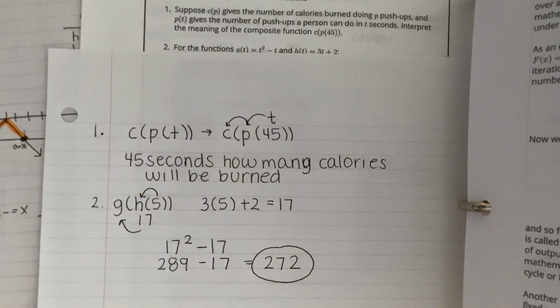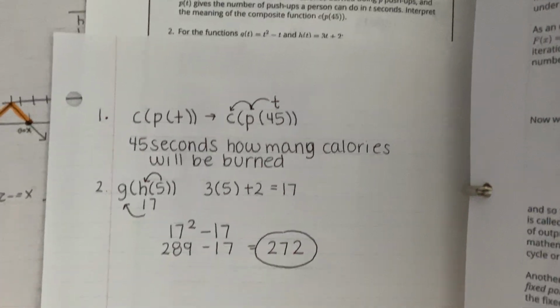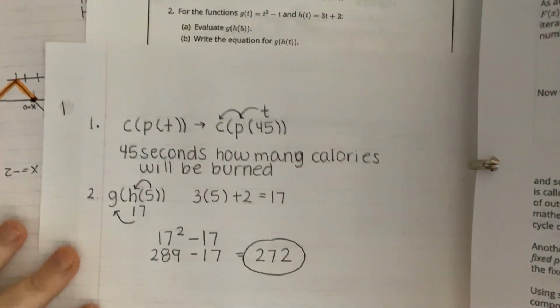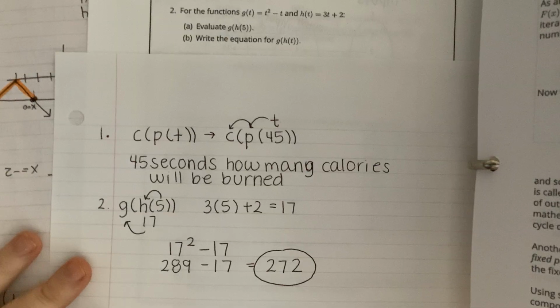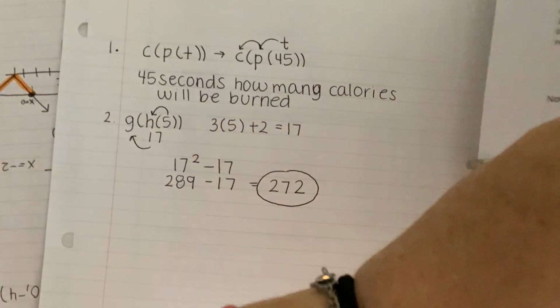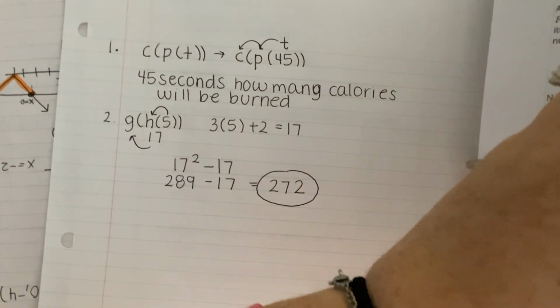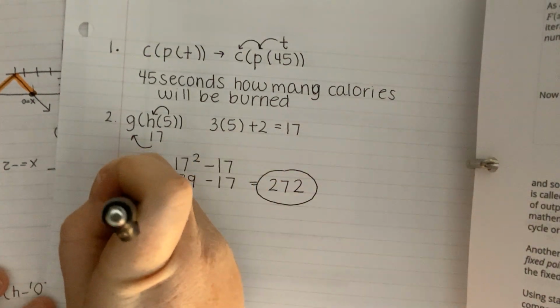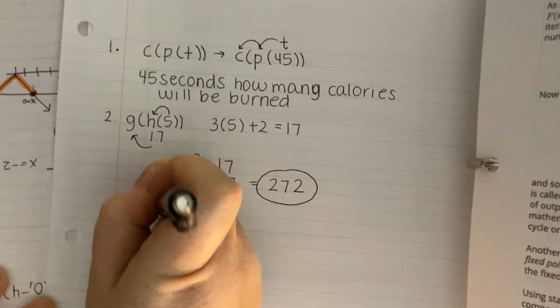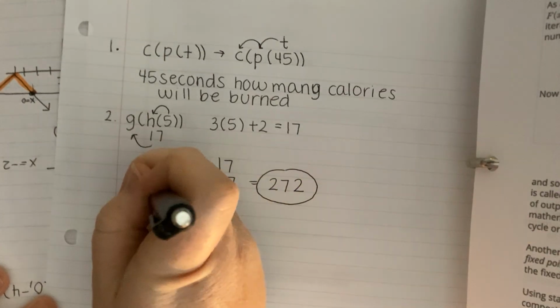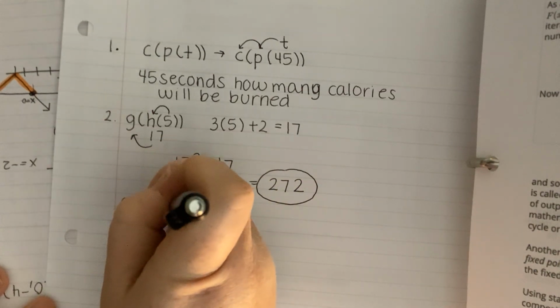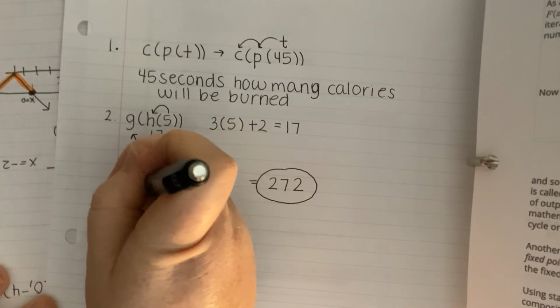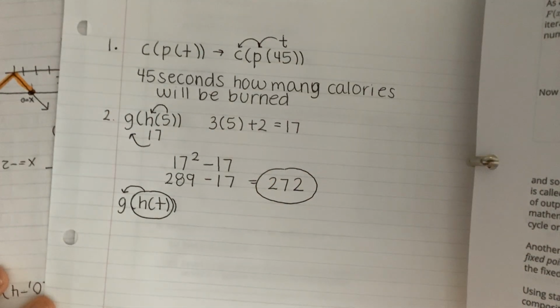Part 2 is asking you to find the generalized equation. So if we're looking at part 2, it wants G of H of T. It wants you to take this whole entire H equation and plug it into your G equation.